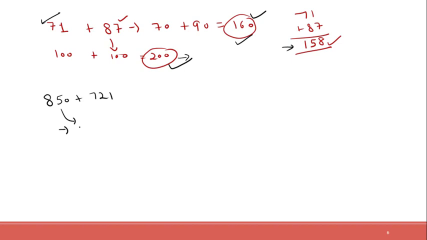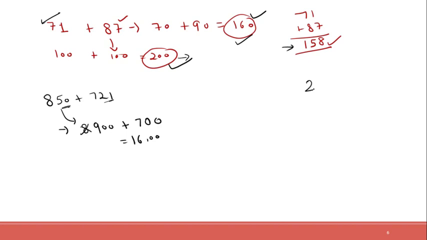Here it is hundreds, so we can round it off like this: 850 will become 900, plus 721 will become 700. So it is 1600, right?